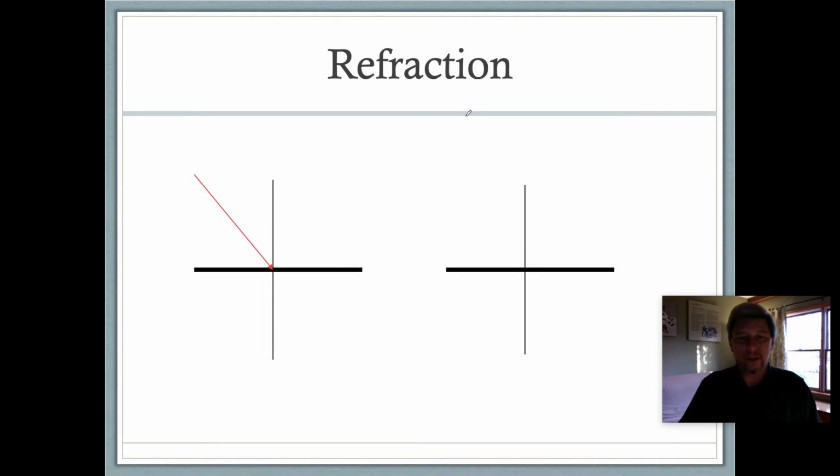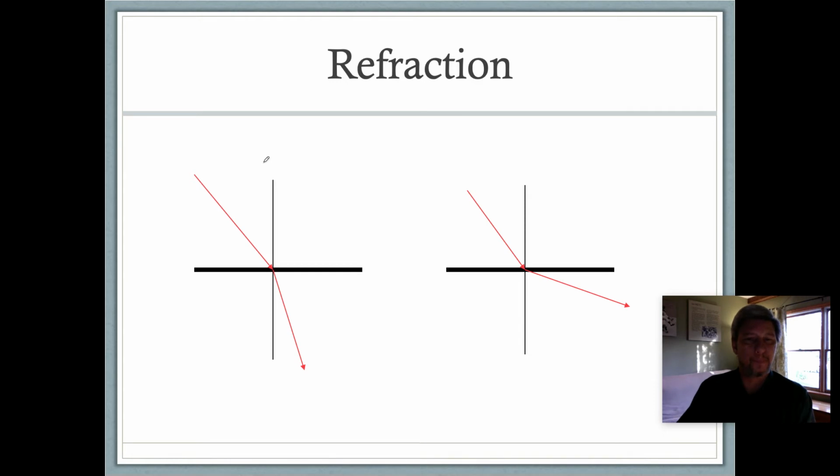This red vector is going to be an incident ray, and the second red vector is going to be what we call the refracted ray. Again, we're going to do the same thing on the right-hand side. Now that's the incident ray, but notice in this case, the refracted ray is not moving in the same direction that it does on the one on the left.